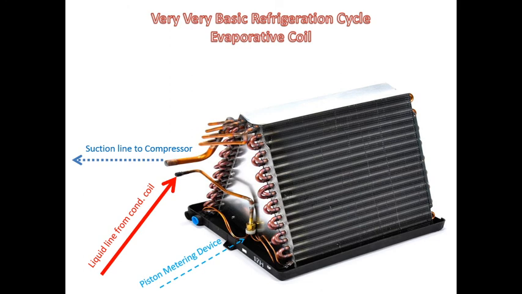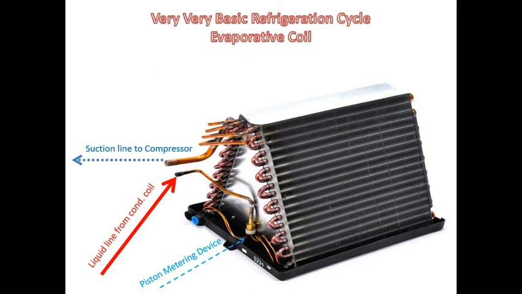The red line is the liquid line from the condensing coil going to the metering device. It goes into the small metering device tube and goes down to the piston metering device that you see in blue dashed line. And then it goes through the 4 or 6 distribution tubes at the end of the metering device and runs through the coil.